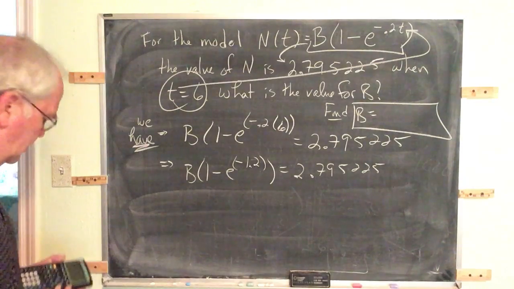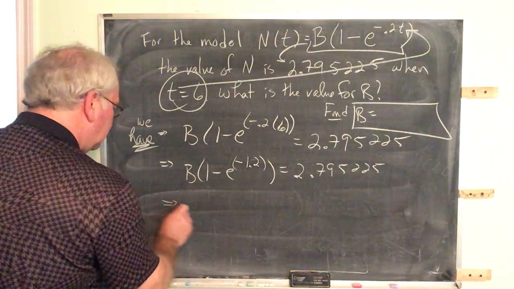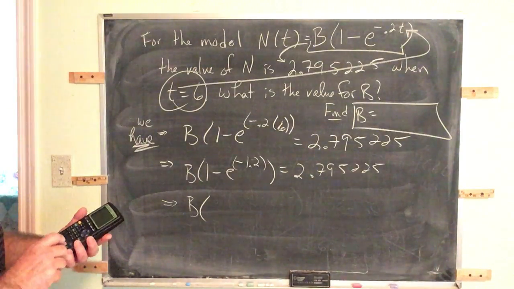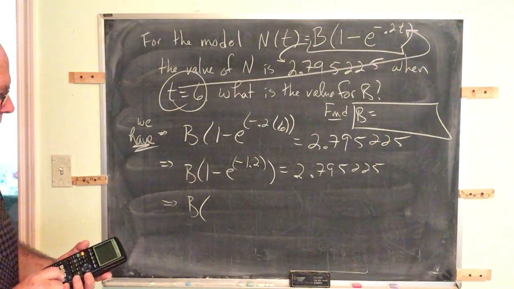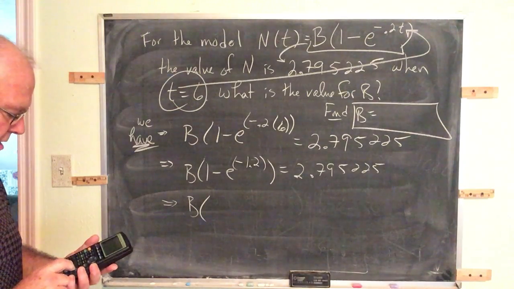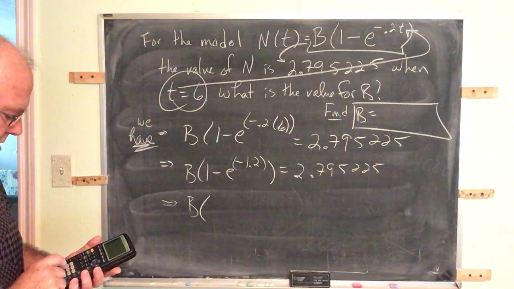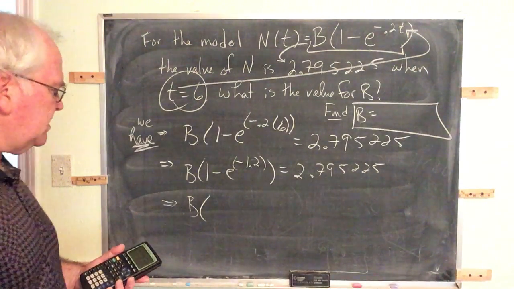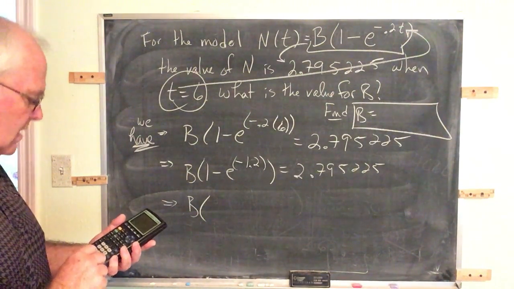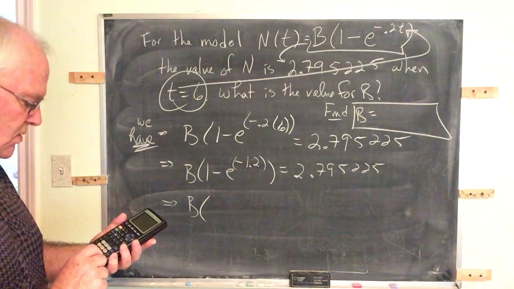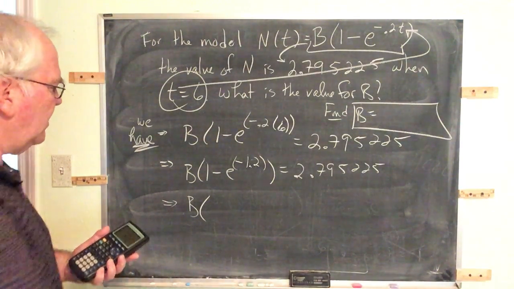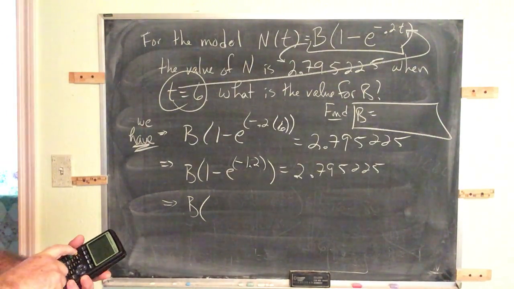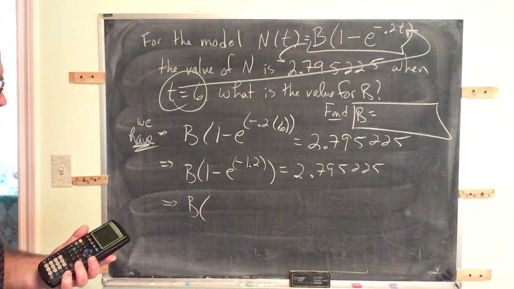Let's see if we can compute that expression. I have e raised to the power negative 1.2, and then we want 1 minus that expression. So 1 minus that answer.